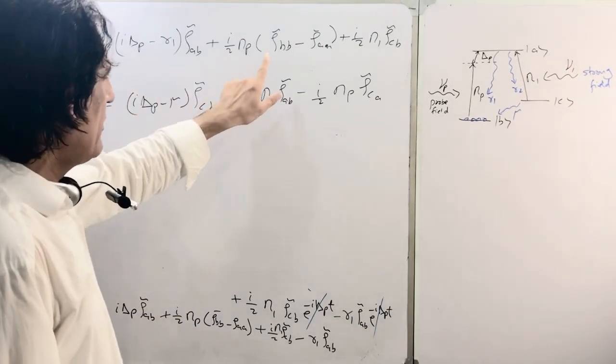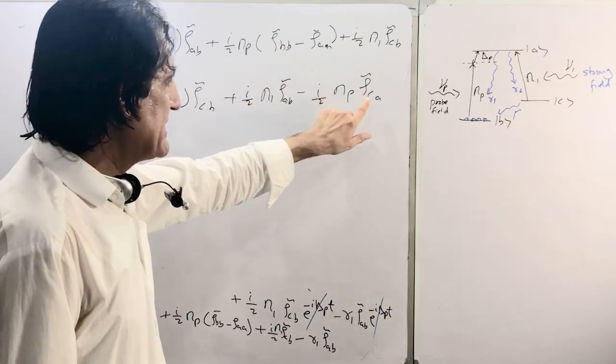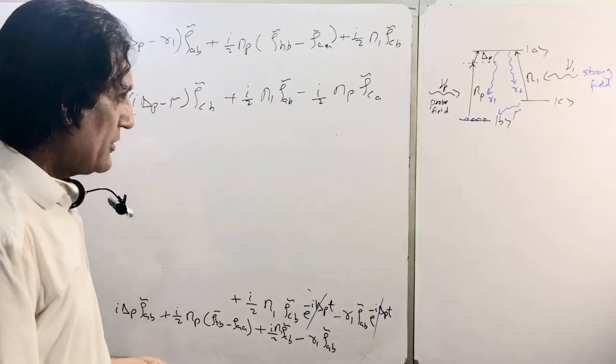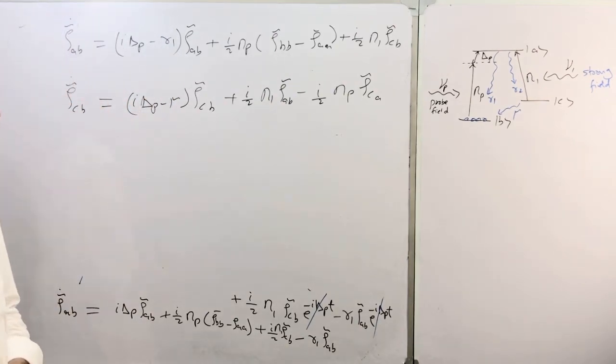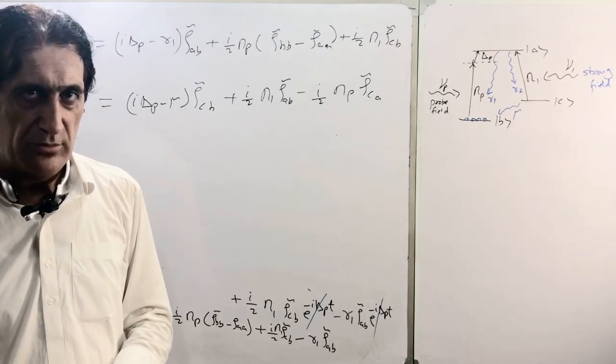Actually, there are other equations: rho bb, rho aa, rho ca. So, how to reduce these equations, eight equations to two?